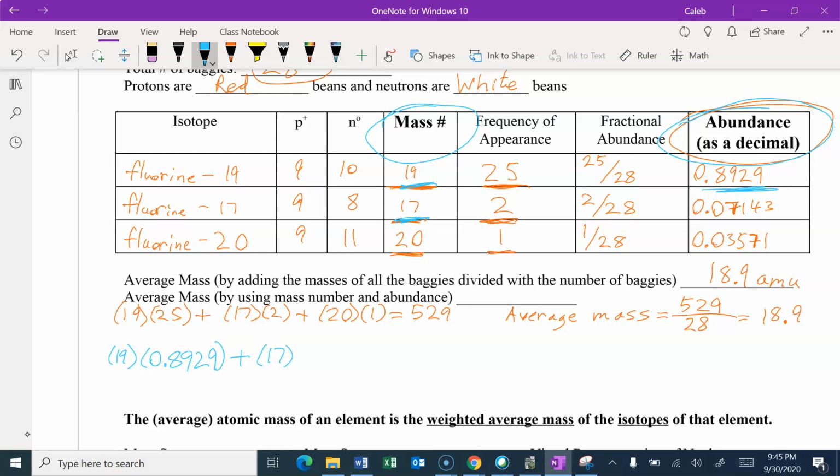Now I'm doing 17 times 0.07143, plus 20 times 0.03571.